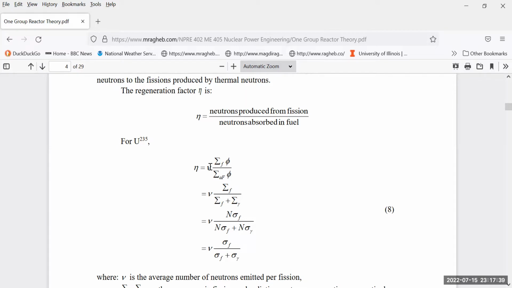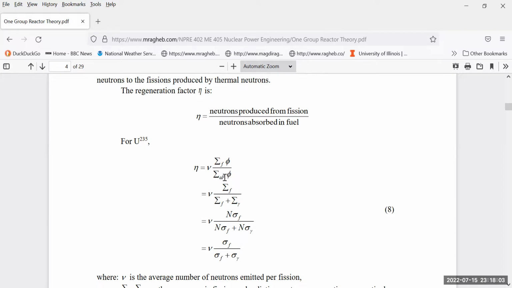So let's say it's about 2.5 for uranium-235, multiplied into the fission rate, sigma sub f phi, the flux, divided into the macroscopic absorption cross-section in the fuel. So in that case, we can also make the approximation that phi and phi cancel out.